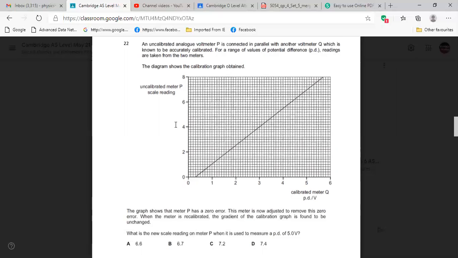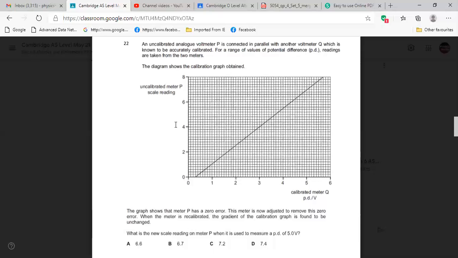So we got two pieces of information here. The first information is, if you have zero error, right? Yes, sir. So if zero error is removed, you see now the graph is not starting from the origin, right? Yes, sir. But if you remove the zero error, then the graph will start from zero, from the origin.